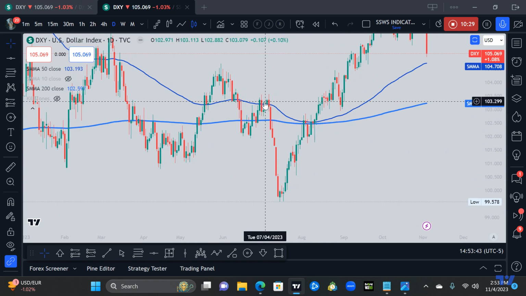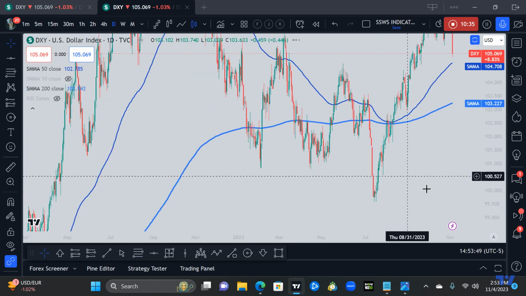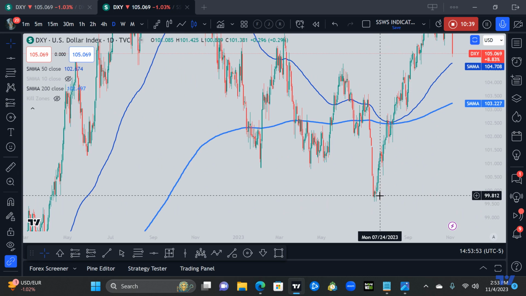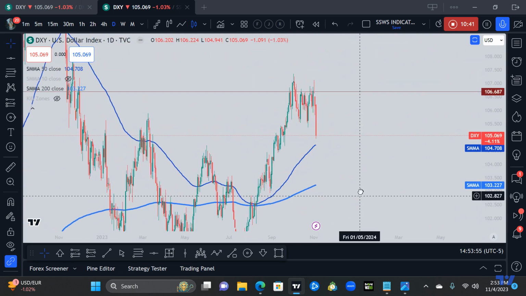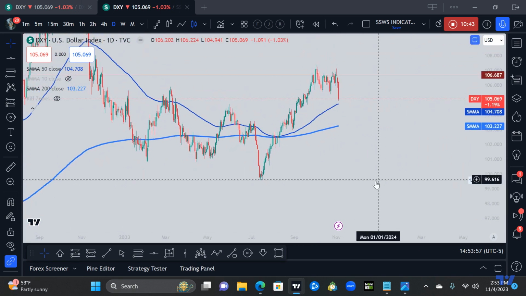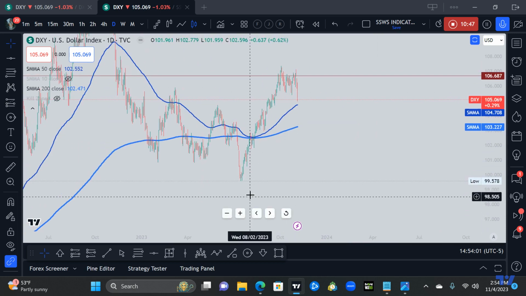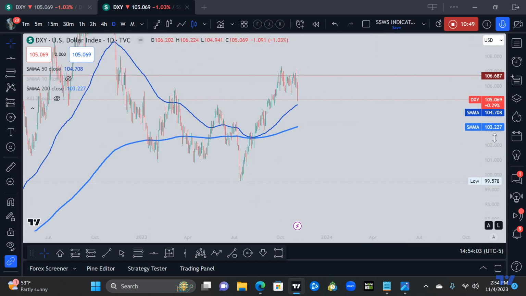Then we did it again here. Buyers exhausted, shot down, broke through the 200 and formed a new low, around 99,800. So that's going to be my final take profit on the weekly, monthly chart for price action to drop down and take out this low of 99,578.